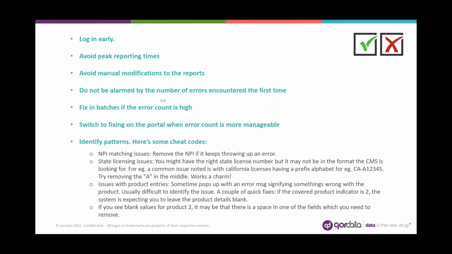At that time, the best way to go about it is to identify the types of errors that are similar in nature. So if you have state license issues, you might want to address them all in one go. Then if you have NPI issues, jump onto them next. If any other thing, let's say product issues, address them next, right?